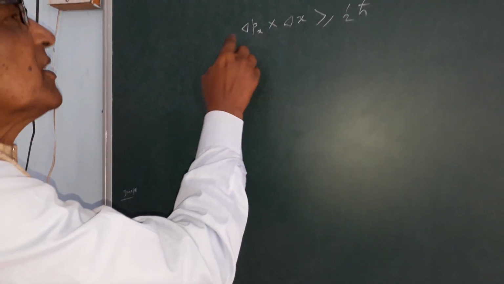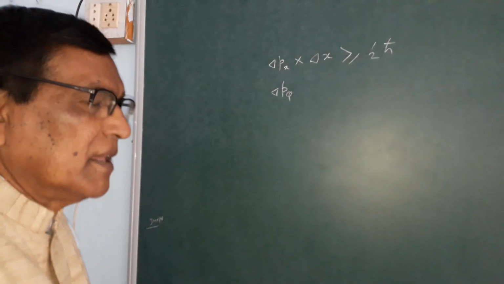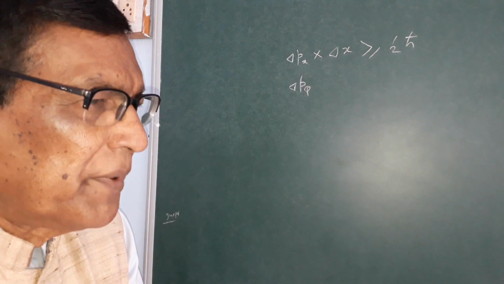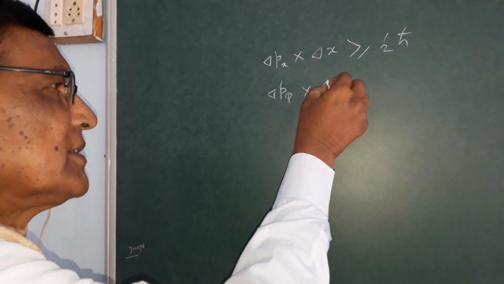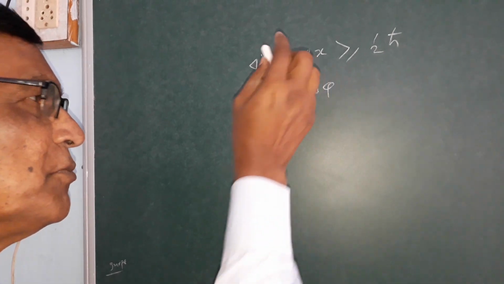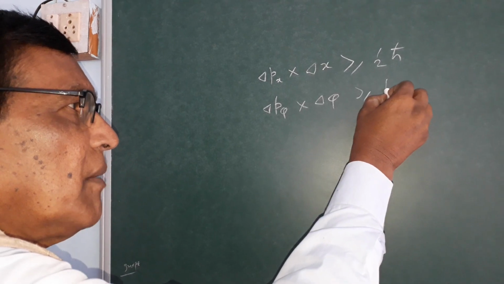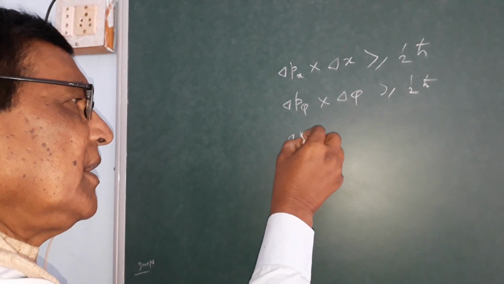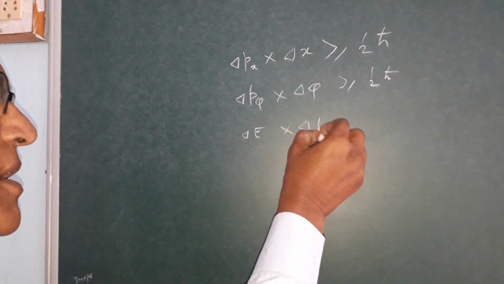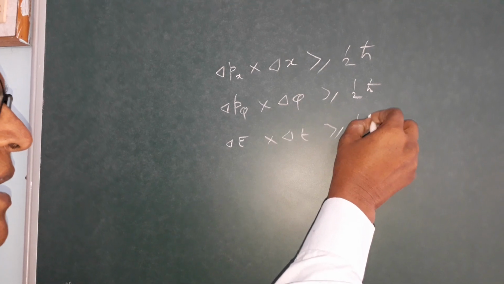Other conjugate variables are also there: del p phi, the angular momentum uncertainty, into the uncertainty in azimuthal angle, will also be greater than or equal to half h cut, or del E into del T is greater than or equal to half h cut.